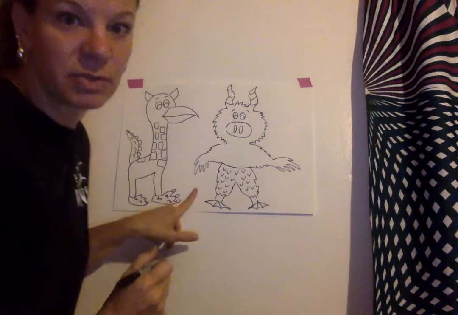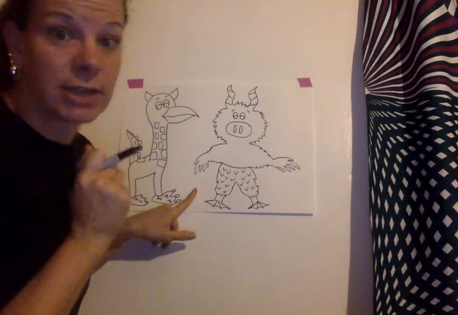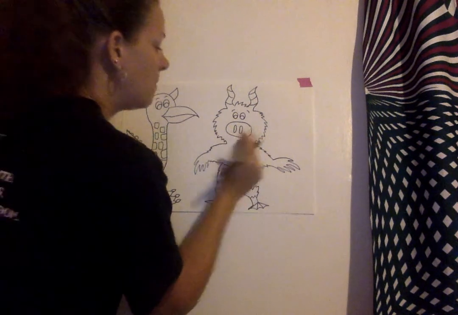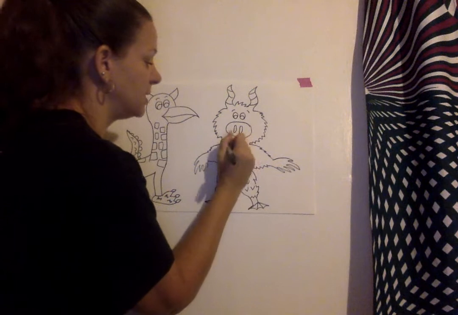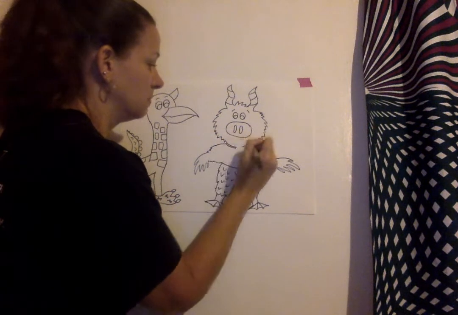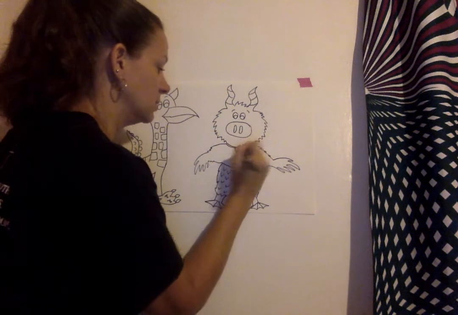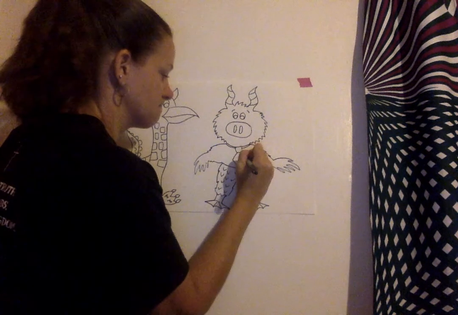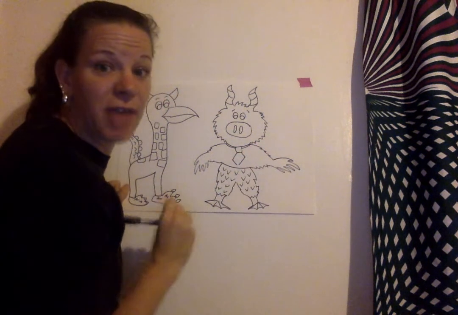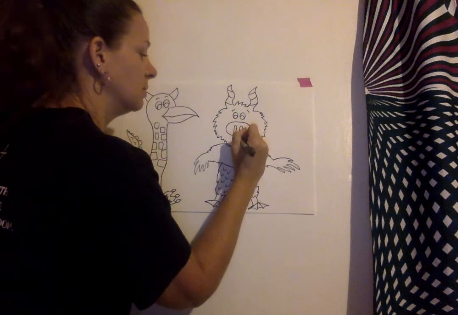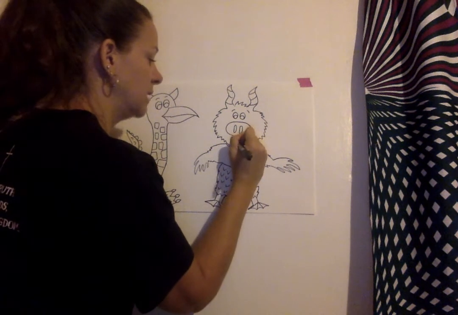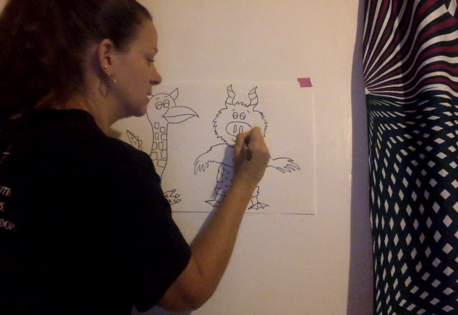Oh no, my Sharpie's running out. Teacher crisis. I'm also going to make him super silly and give him a tie because there's a lot of empty space here. So I'm just going to draw that tie. Did you see the character that had the striped sweater on? And maybe I'll give him a little cat tongue, some whiskers.